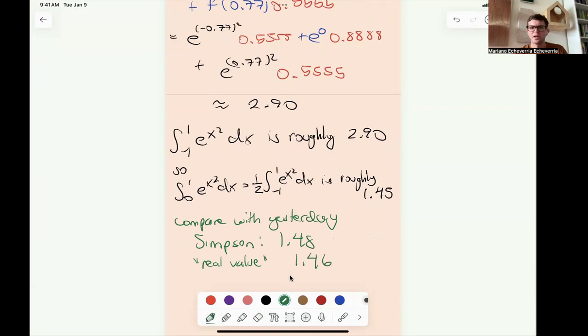So it's a little bit closer to the real value, but it's a very similar value to the one you would get with Simpson's rule.